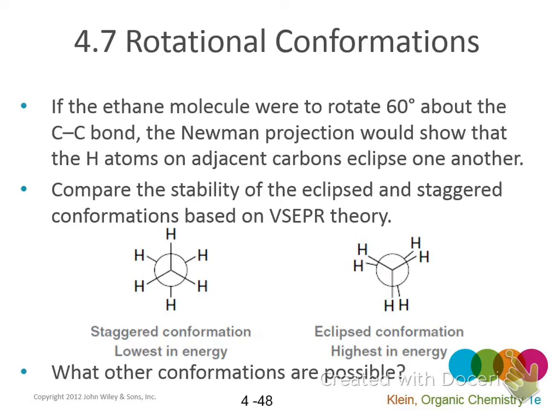And what we're talking about is this energy created by the torsional angle. It increases as they get close together, decreases as they get further apart. It's the same concept as VSEPR theory. Those are close together. These are farther.